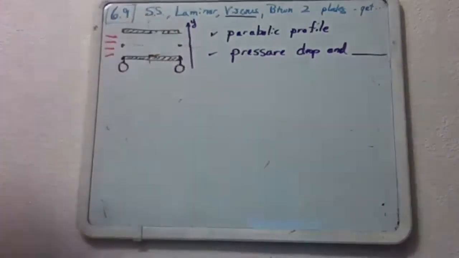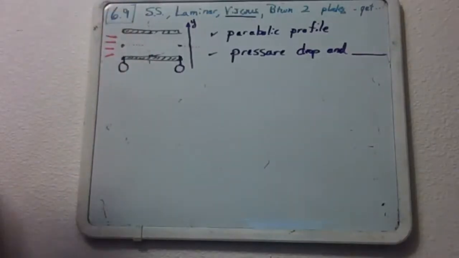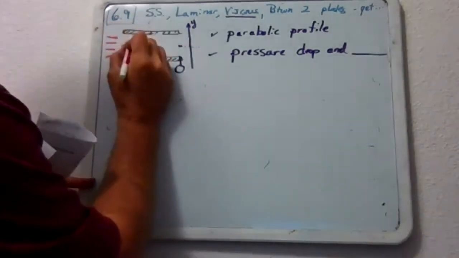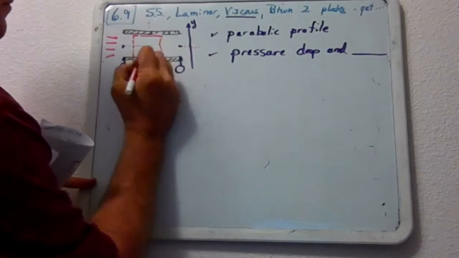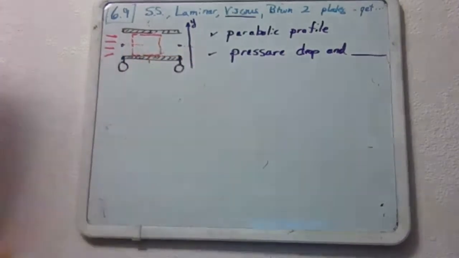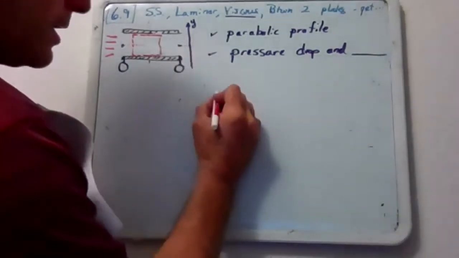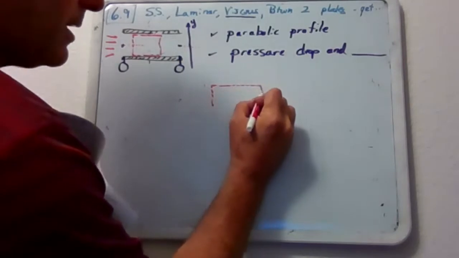You don't need to put this in your drawing, but let's just imagine that we're taking a look at some fluid that's in that channel, between 2 plates. Some rectangle of fluid. I'm going to draw it down here, like this, a little bit longer maybe to indicate that it's in the channel.